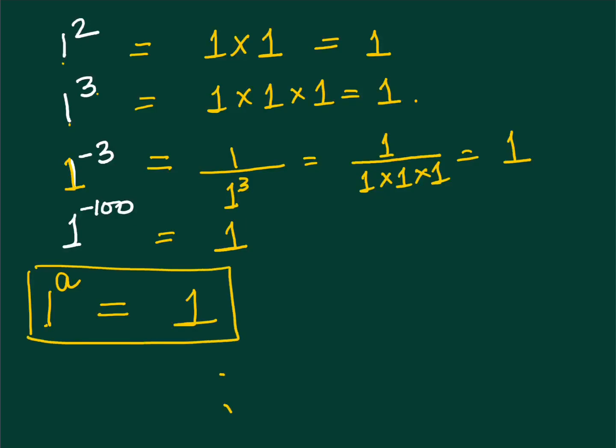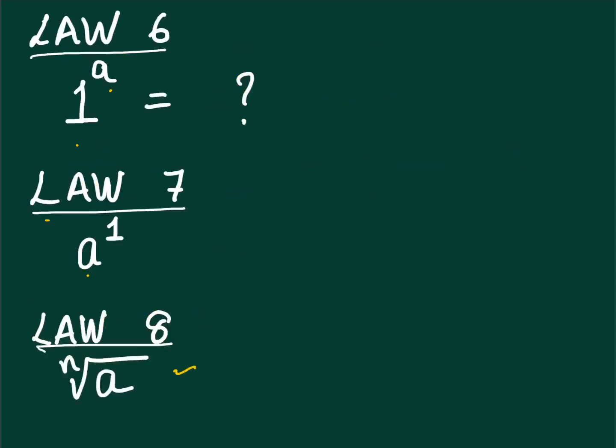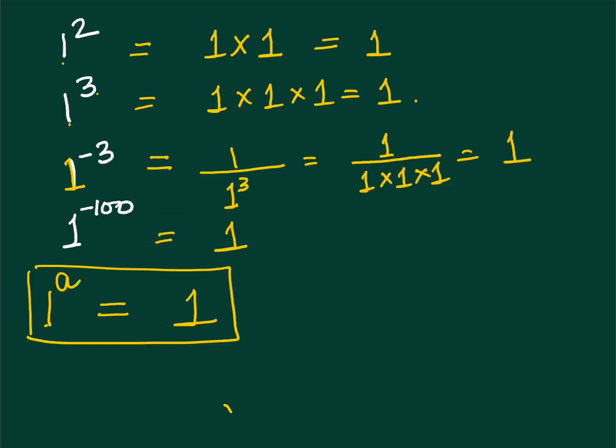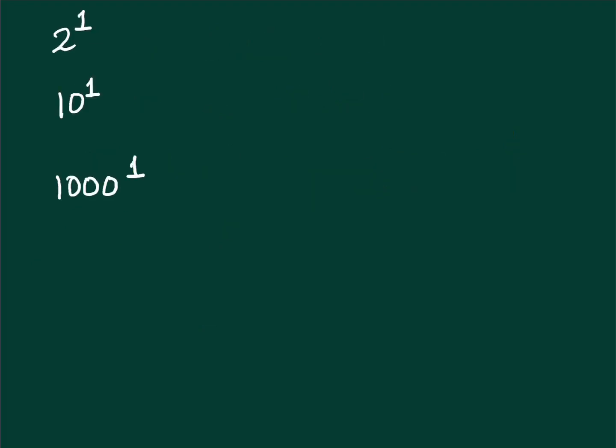So in the chart that we made earlier, would you like to update this one? 1 to the power of any number is 1, and that's our law number 6. Don't worry if in your textbooks the laws are given in a different order. As long as you know the concepts, it's good enough.